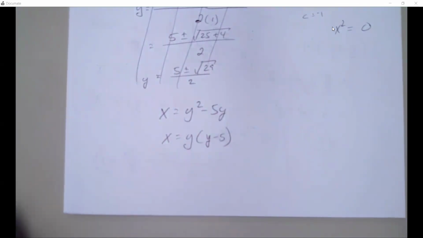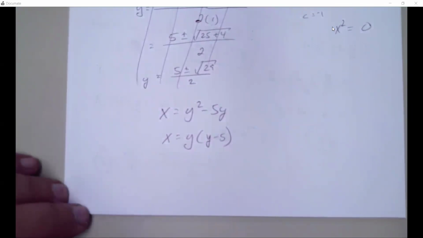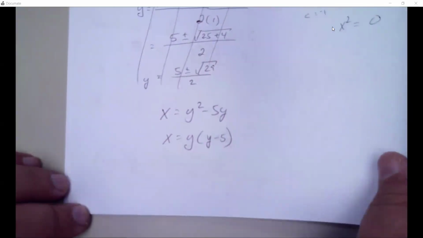No. At this stage, we can't. There's possibilities of no solutions. So there's no solution in that one.